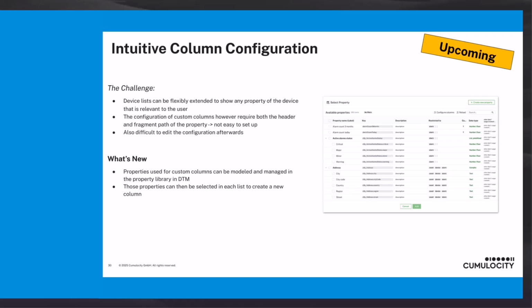That's why we want to make that easier and leverage the Digital Twin Manager for that, so that you can use the property library to model your properties, so that the administrator can model the properties that can then just be selected in your columns if you want to set up custom columns.